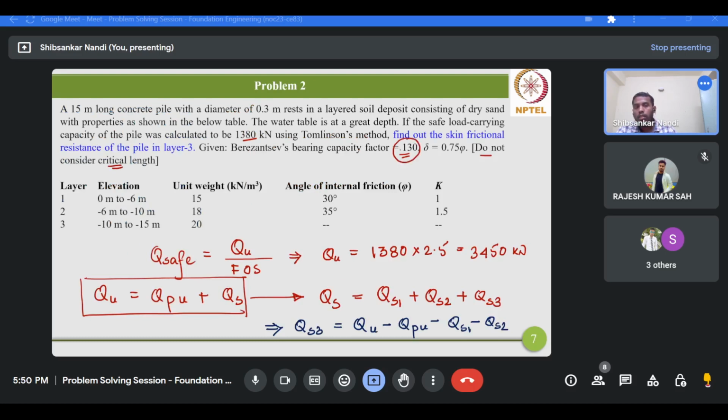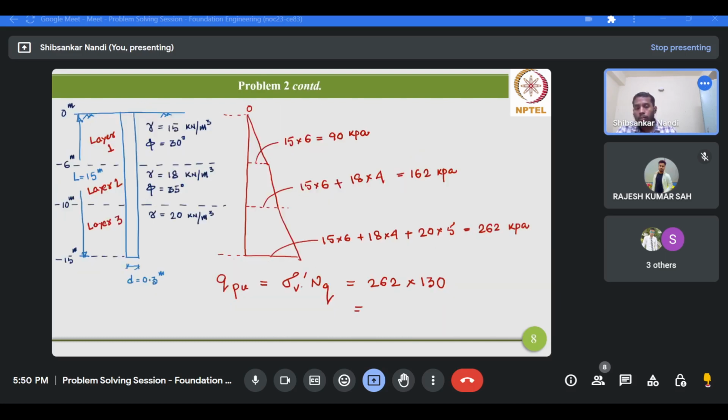So if you multiply this NQ with the sigma V prime, we first get the unit point bearing resistance, and if you multiply this unit point bearing resistance with the cross sectional area at the pile tip, then we will have the ultimate point bearing resistance. So the ultimate point bearing resistance QPU is the unit point bearing resistance multiplied by the cross sectional area at the pile base.